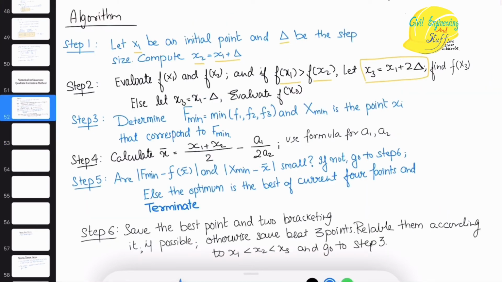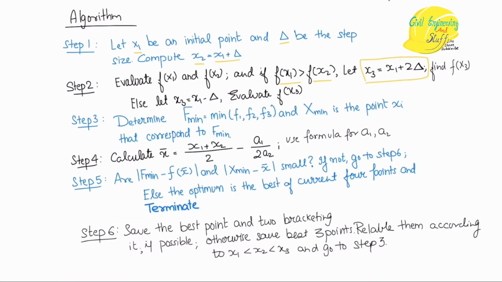We have found the value of x bar. Now in step 5 we have to see whether f minimum minus f of x bar and x minimum minus x bar are small enough or not.